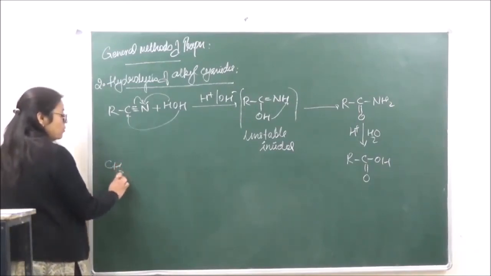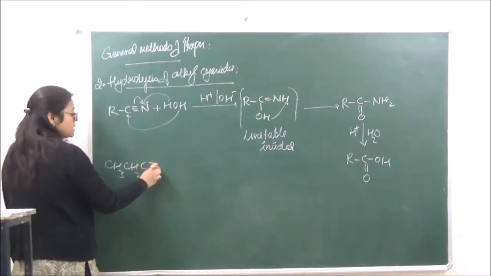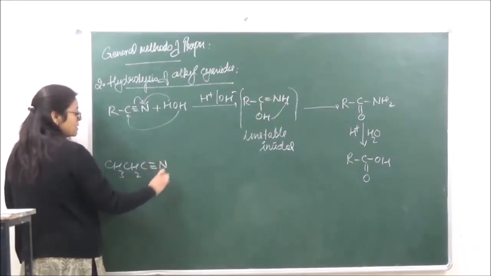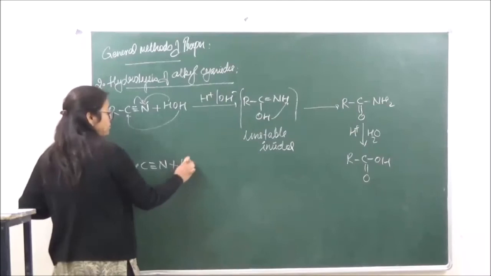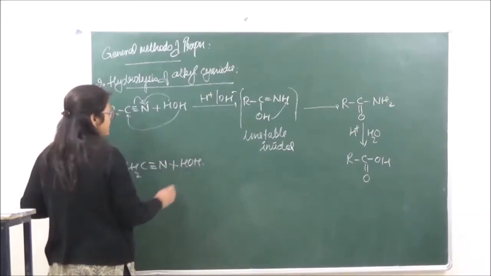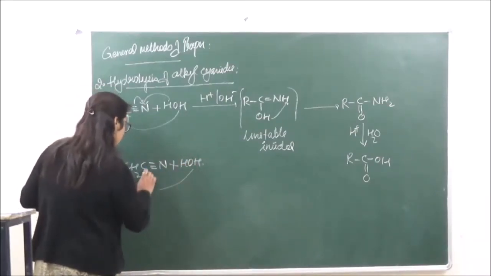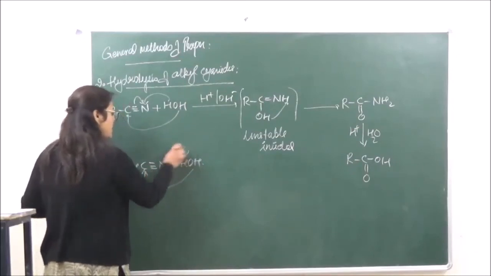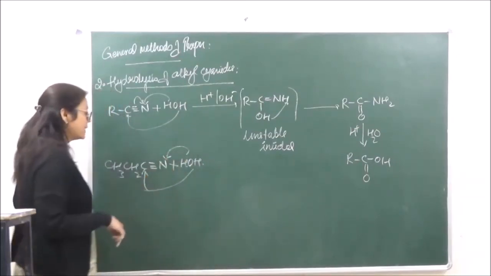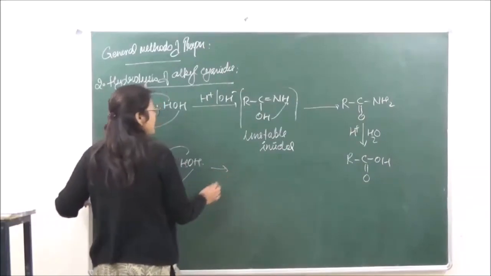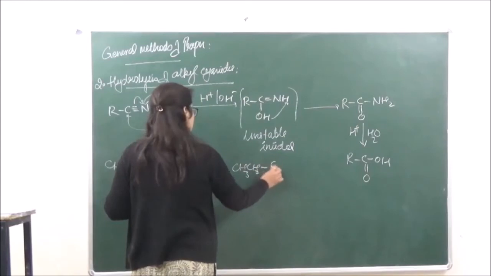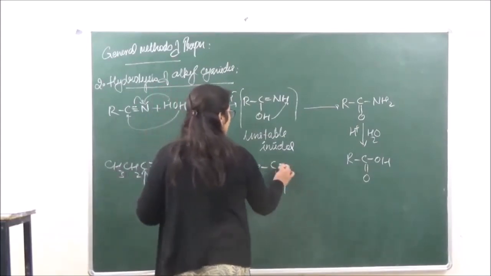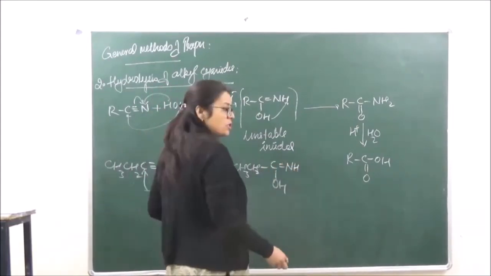Let's take an example over here. We have CH3CH2C triple bond N. This is known as propane nitrile, plus HOH. Same mechanism. OH will attack at the carbon, and hydrogen will attack at the nitrogen. So we're going to have an unstable imidol, CH3CH2C(OH)=NH. Okay?